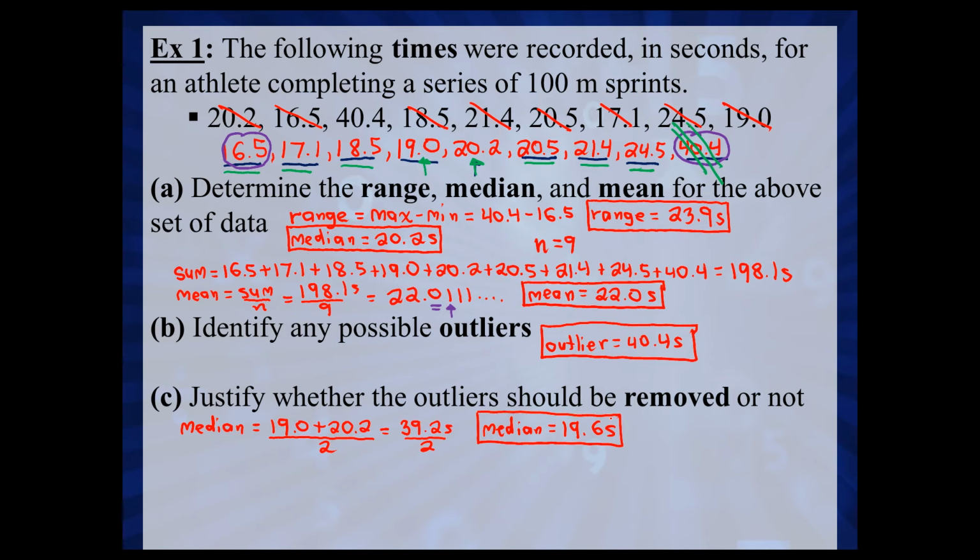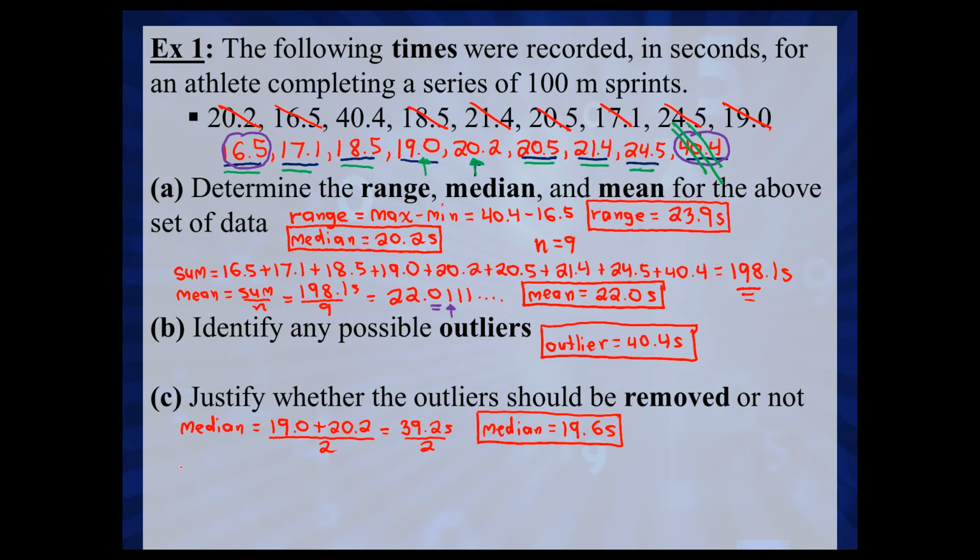Now, to calculate the mean, we could just add up these 8 numbers, all the numbers without the actual outlier. But it turns out there's a much more clever and efficient way to do this. We can actually make use of our previously calculated sum. So that's this one, 198.1. And we can use that to figure out what the new sum is.